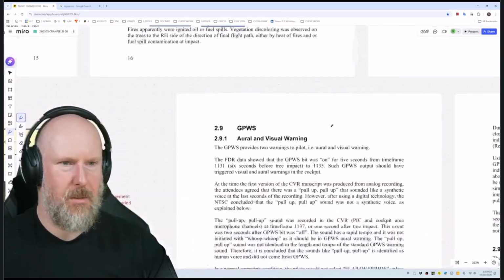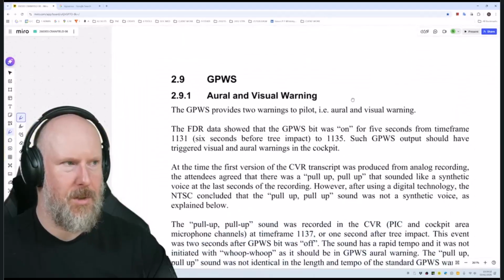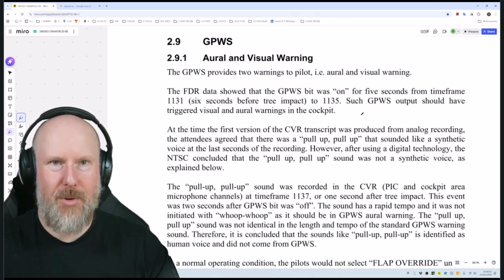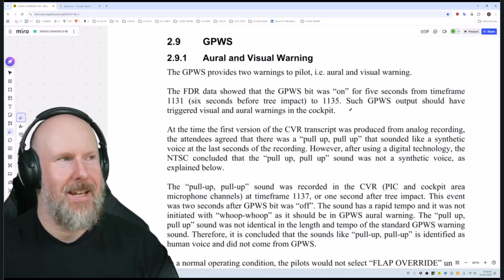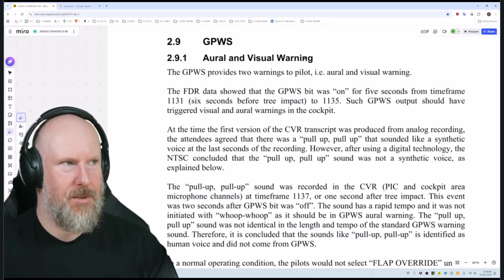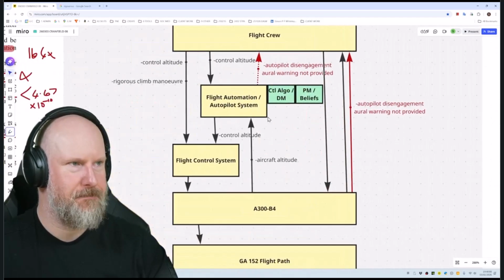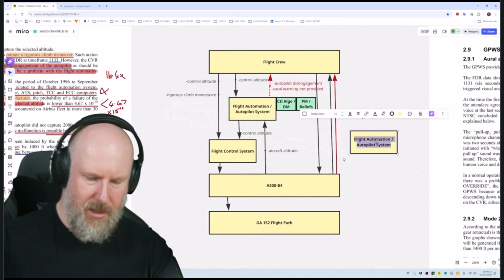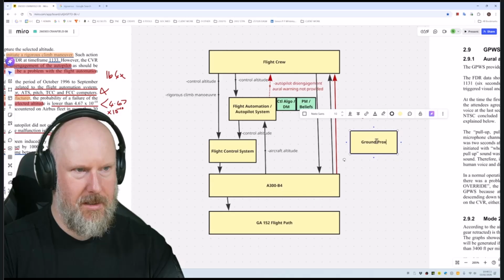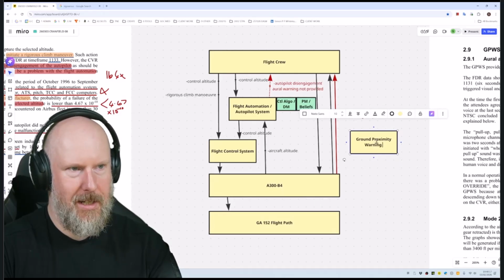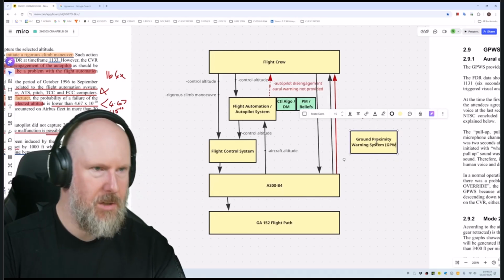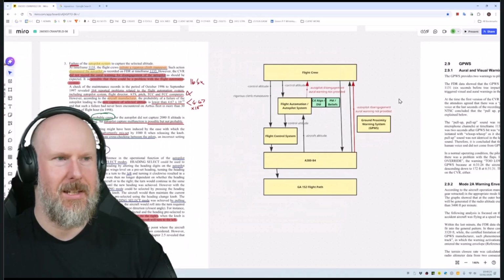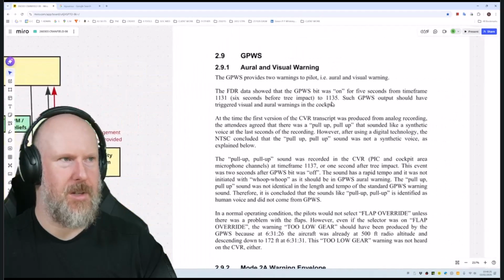Okay, so GPWS, we talked about all of that stuff. Let's talk about GPWS then. For those at the back that don't know what GPWS is, it is an acronym for Ground Proximity Warning System. So we've got an oral and visual warning. In fact, let me pre-empt things and I'll add a GPWS, Ground Proximity Warning System. I'm going to add a controller there because I think it's going to be important to the control structure.